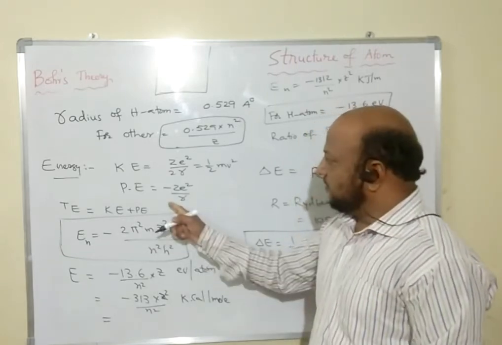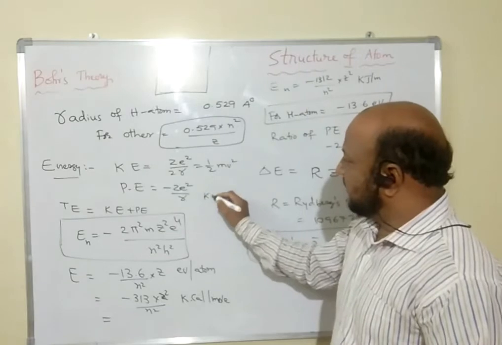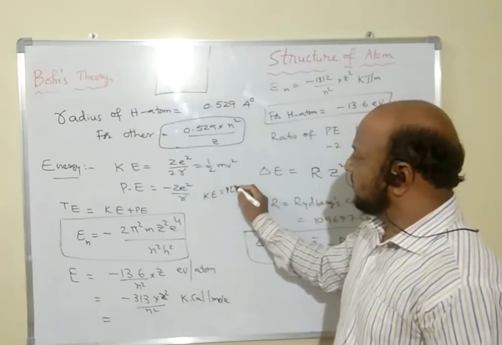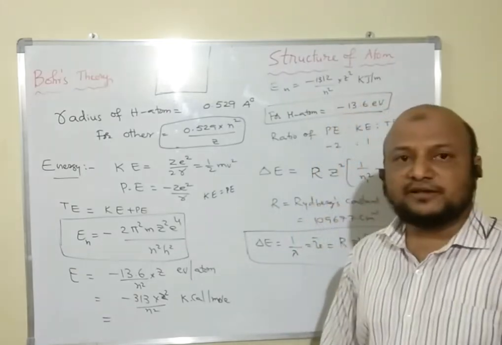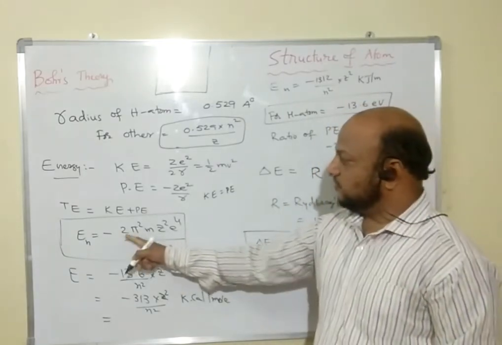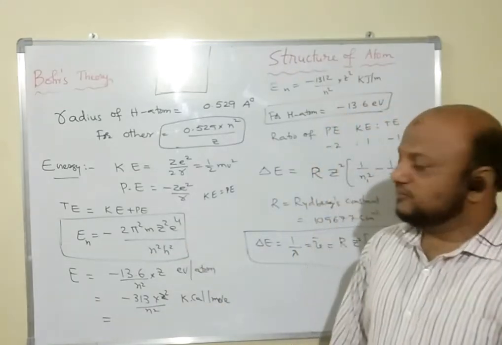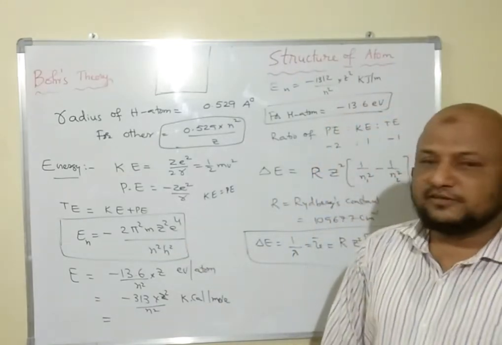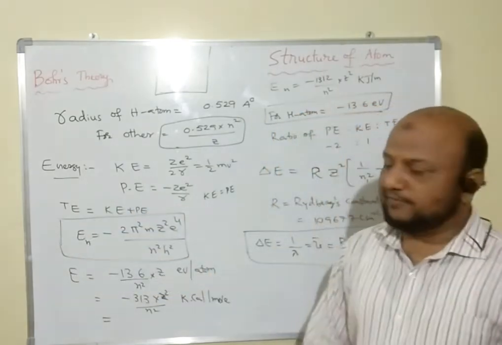In a constant stationary orbit, by equalizing these two, we can calculate the energy. That is, En is equal to minus 2 pi square m z square e power 4 by n square h square. This is the value of energy for every nth orbit.